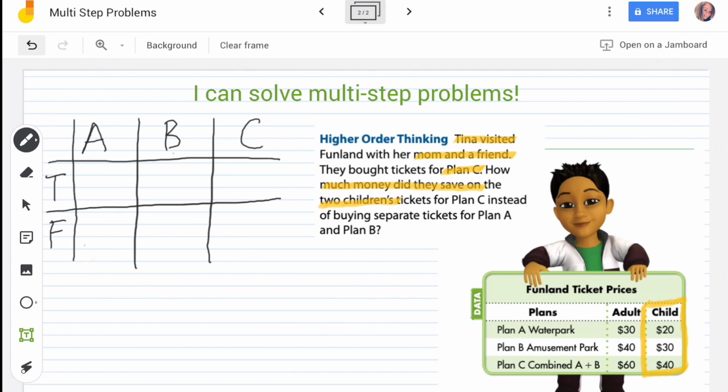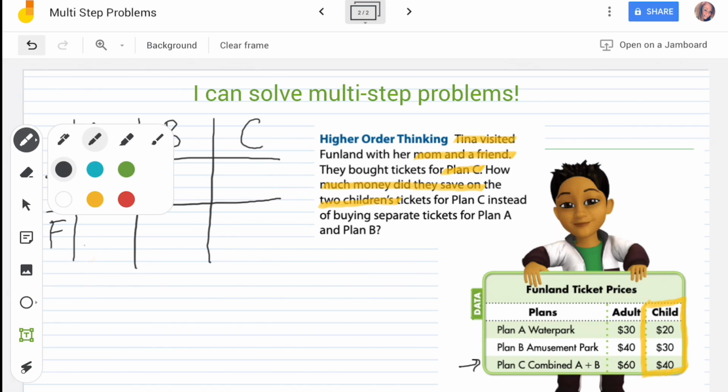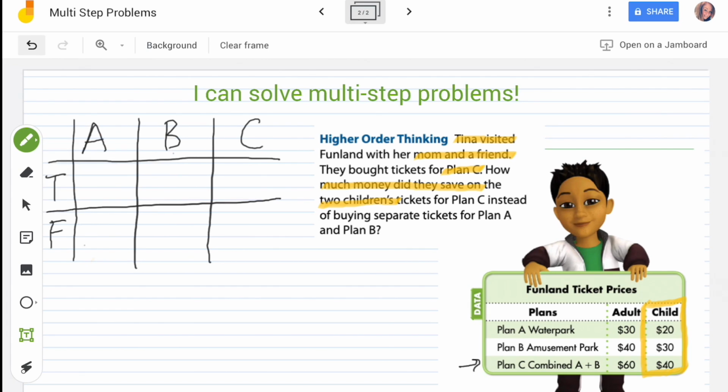So I'm going to go back to my data table and take a look at Plan C. According to the data table, how much is each child's ticket? $40.